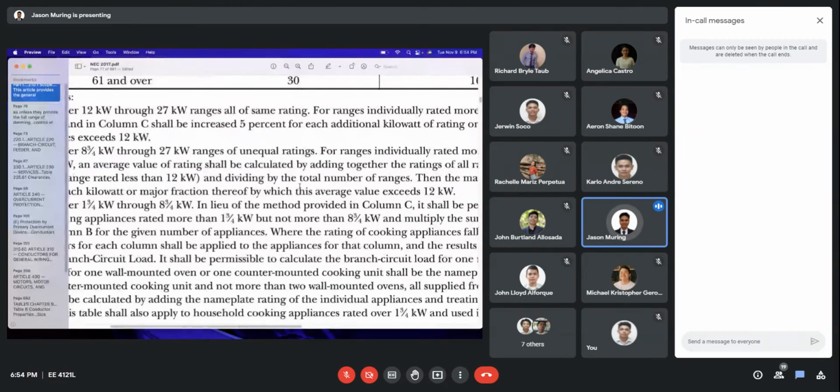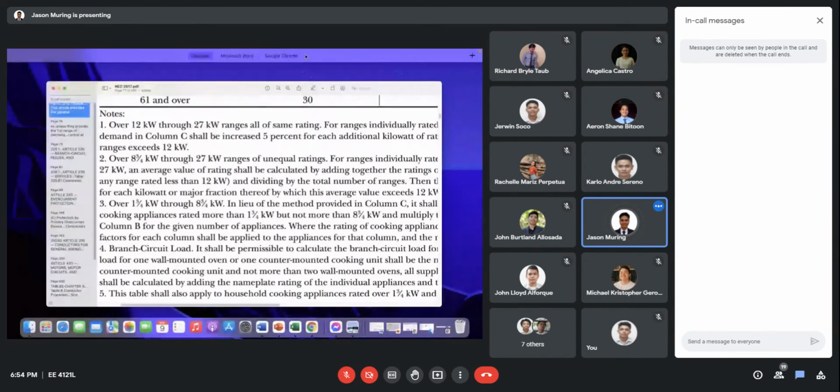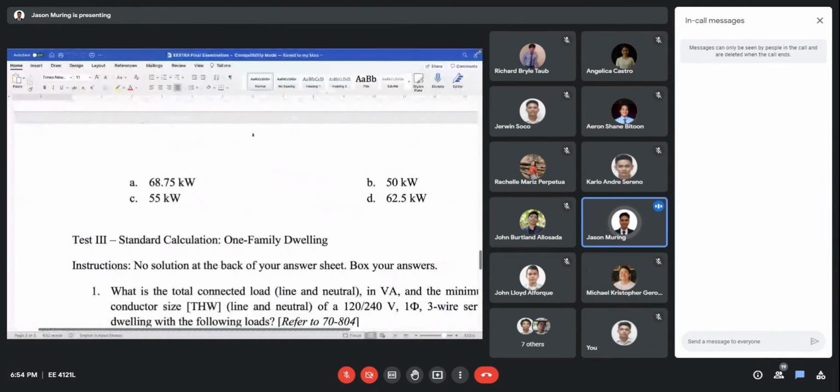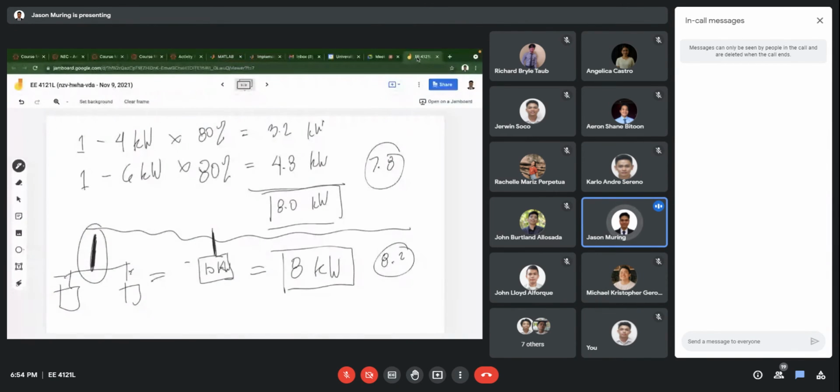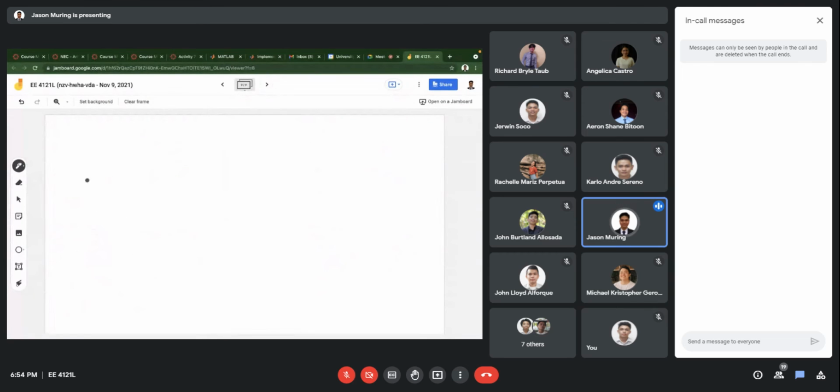So let's have that example. It says here that we have 8 and 3/4 to 27. Let's say we have 12, 14, and 16 kilowatts. See, we have three different ratings, and none of these exceed 27 kilowatts.